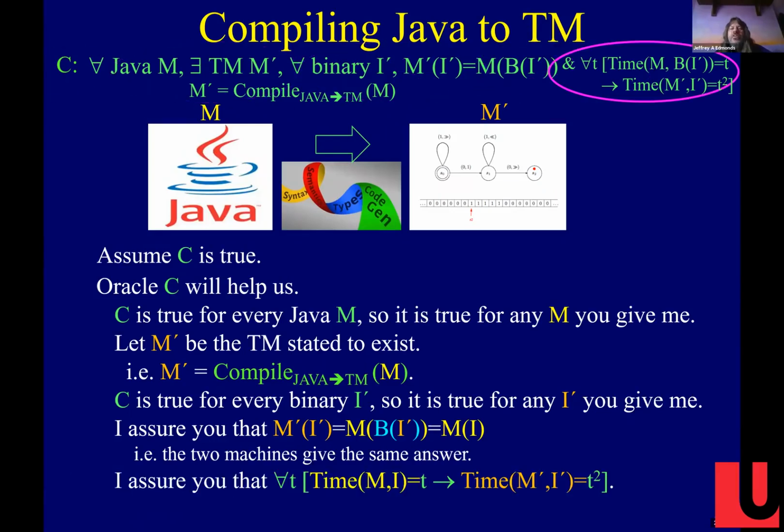All right. She's also going to assure me something else. She's going to assure me that I can name any time. And if it happened to be the case that the Java program on this input takes T time, then the Turing machine on the corresponding input takes T squared time, right? She assures me of that as well.